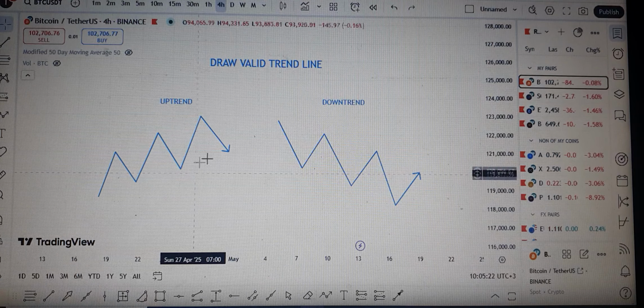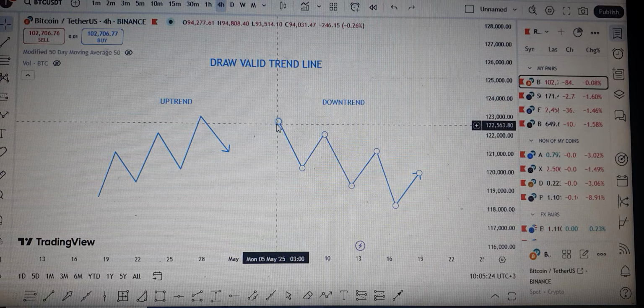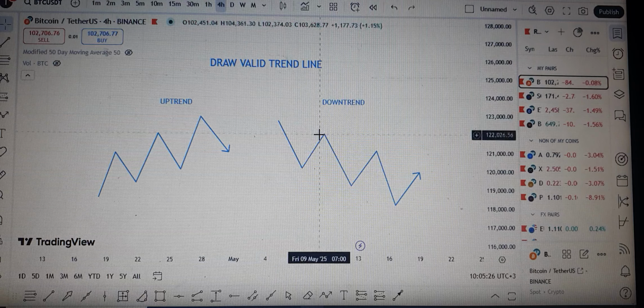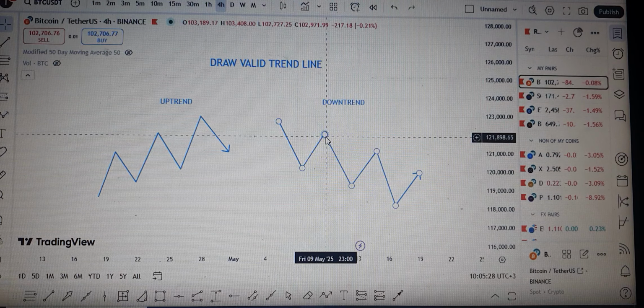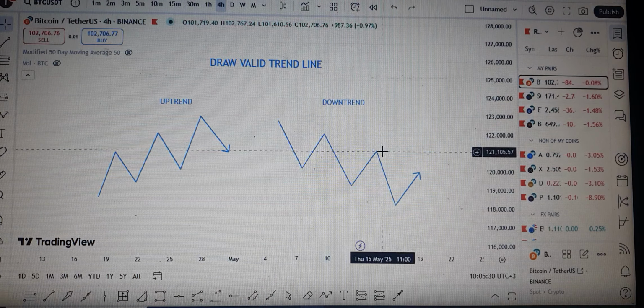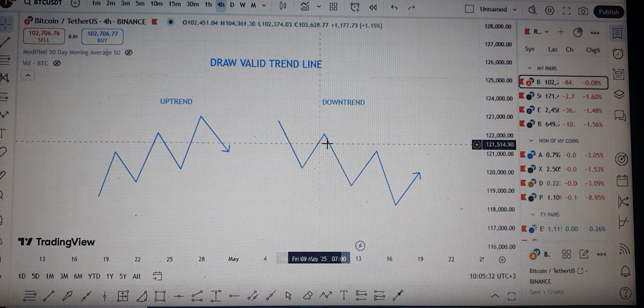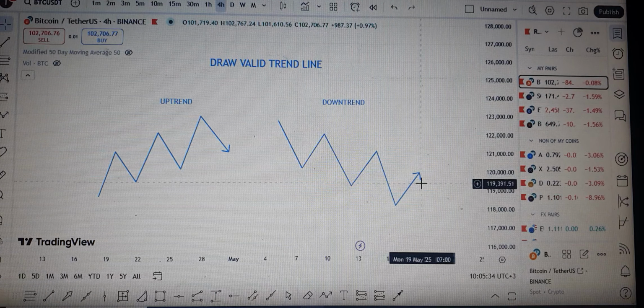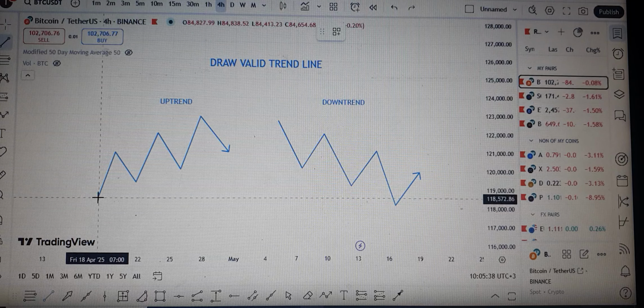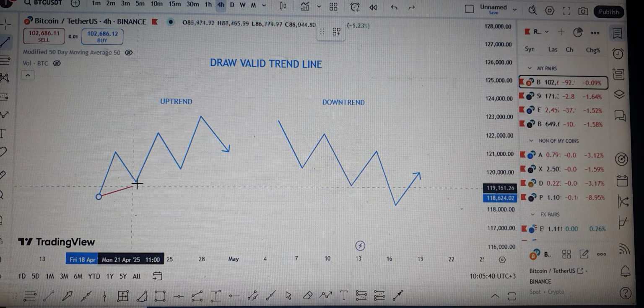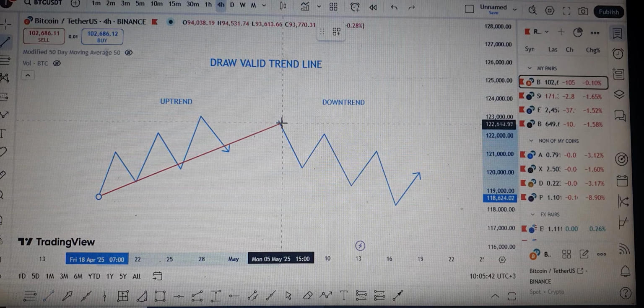You understand? Even here, we should first see that it can touch two swing lower highs. Then this third one confirms that the trend line is valid. Then you can start using it for trading. What do I mean? If our trend touches these two, we draw it like this.